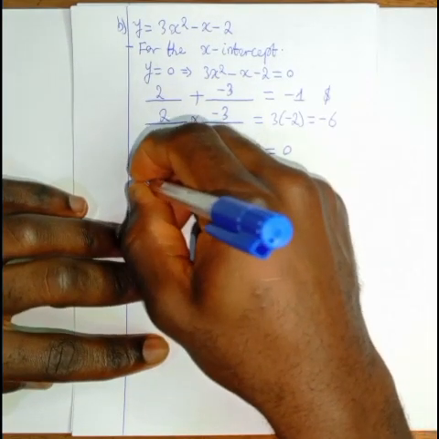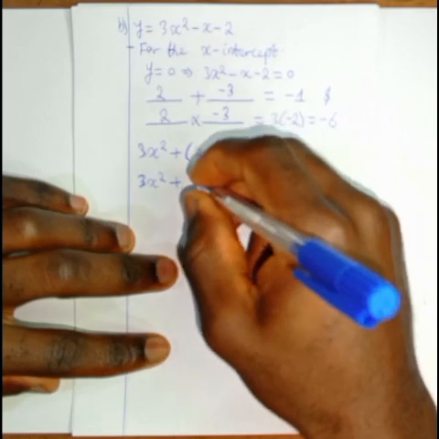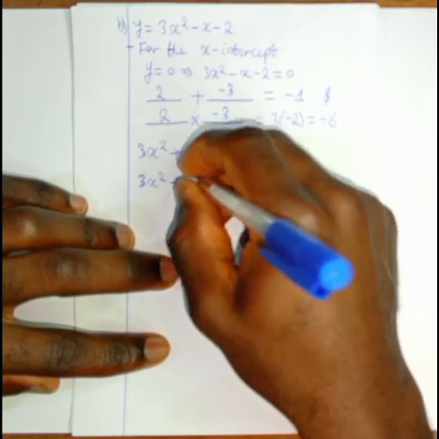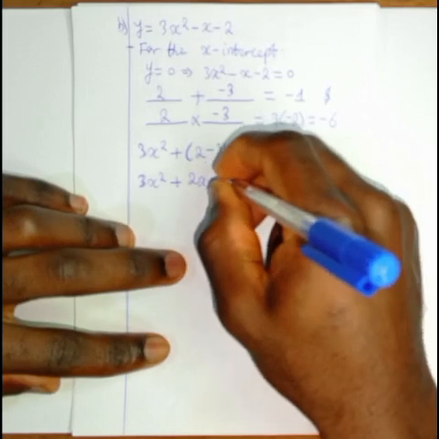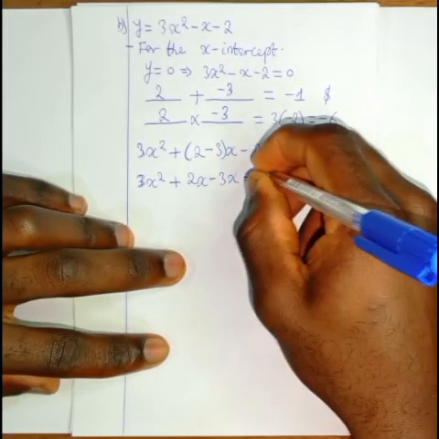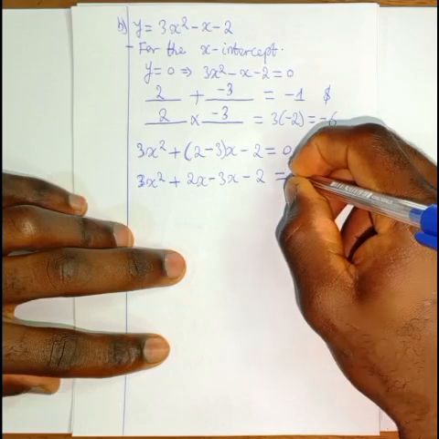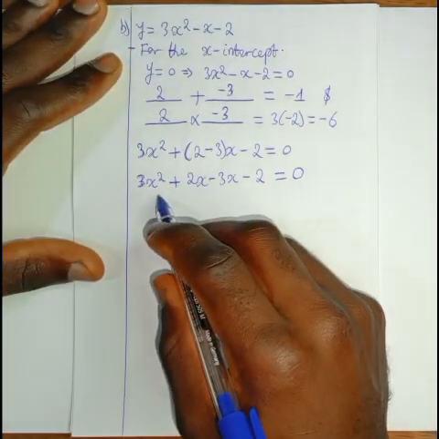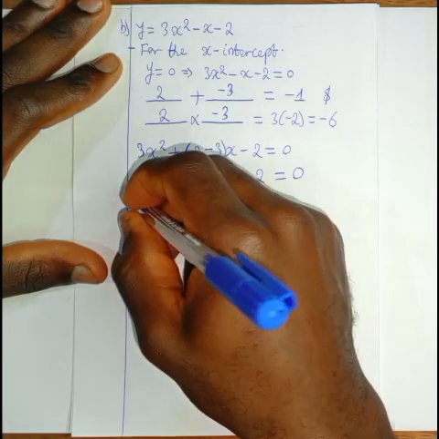This will give us 3x squared plus, we are going to expand this, 2 times x gives us 2x, -3 times x gives us -3x, minus 2 is equal to 0. At this level, you see that if you look at these two terms, x is common. We are going to factor x.